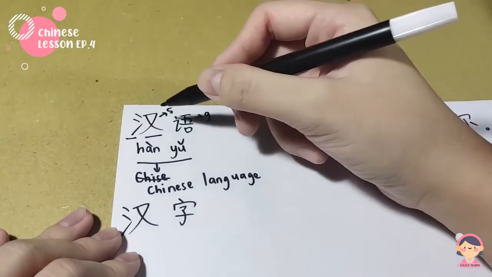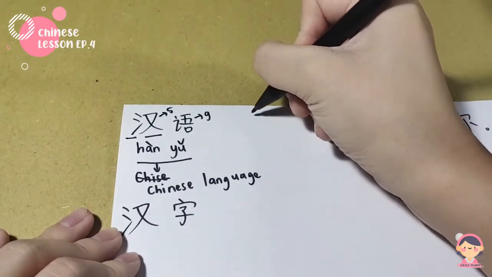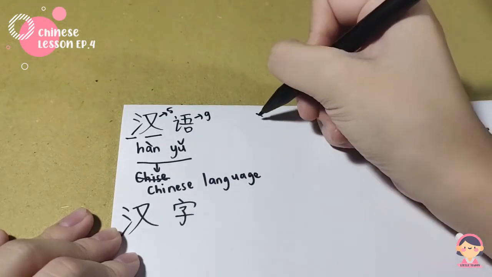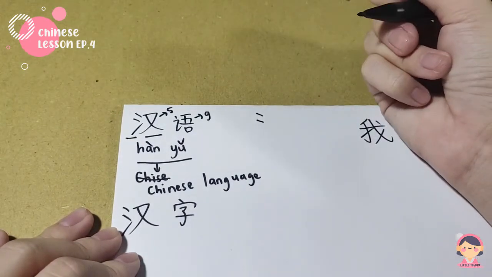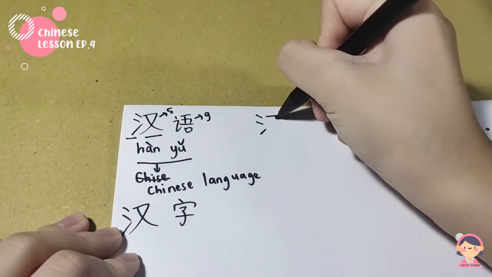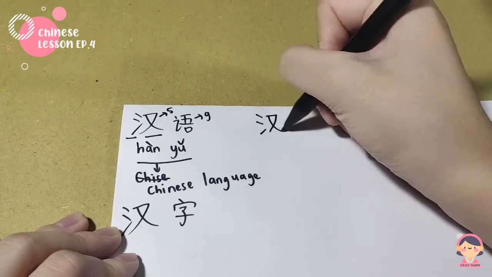Now let's try to write them together. 1, 2, 3, 4, 5.